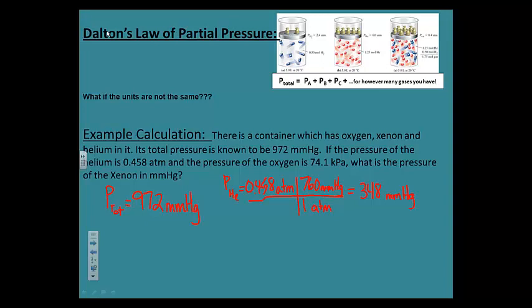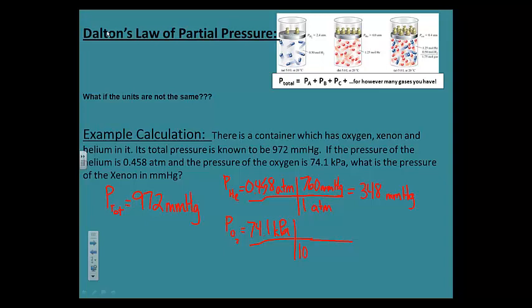Now, I'm also given the partial pressure of oxygen, but I'm given that in kilopascals. Again, not a big deal. There's a value on the back of my formula chart that converts kilopascals to millimeters of mercury.